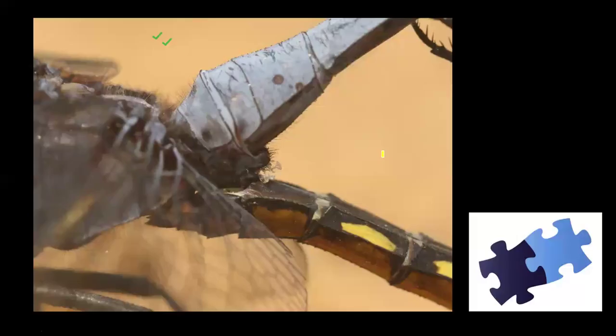And this is the mating. This is how the female genital opening is connected to the secondary genitalia of the male, and this forms a lock and key kind of mechanism.